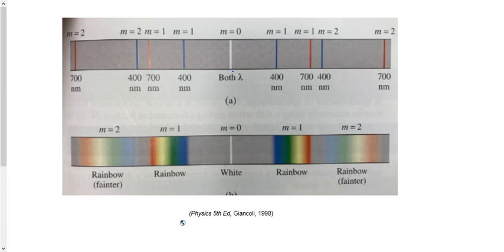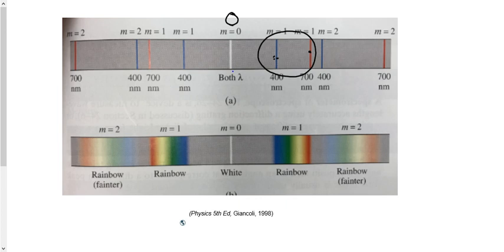Now, your first order maximum, let's just look at the one side here. This is my central maximum, or the number 0 assigned to it, right? My first order maximum is this. It's not this one. It's not this one. It's both. My first order maximum consists of both of the colors.